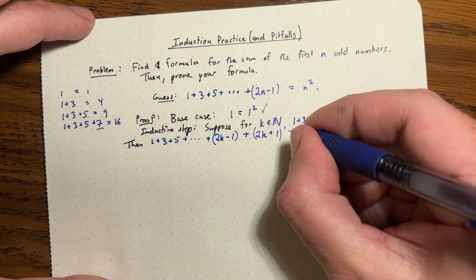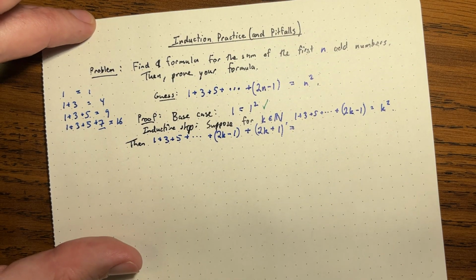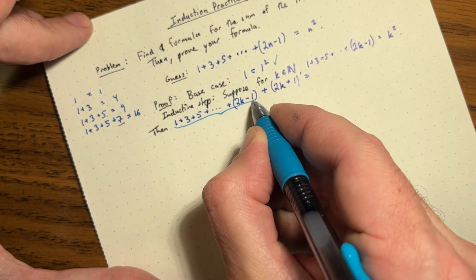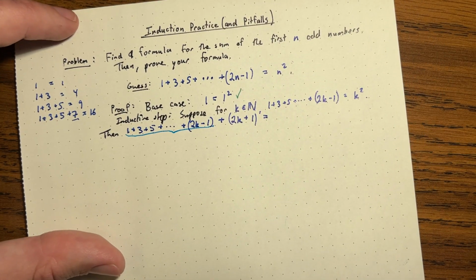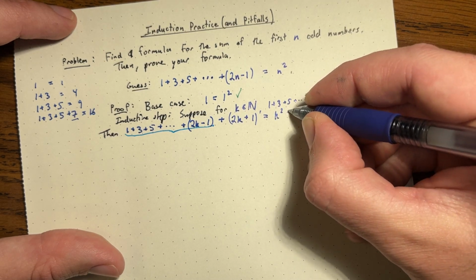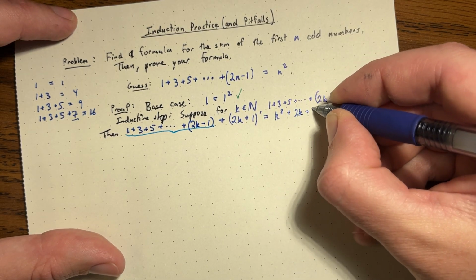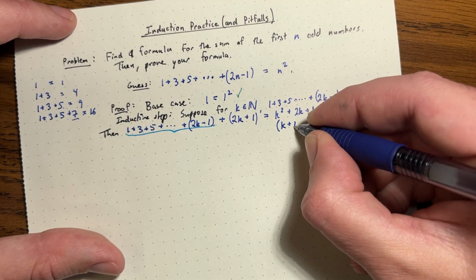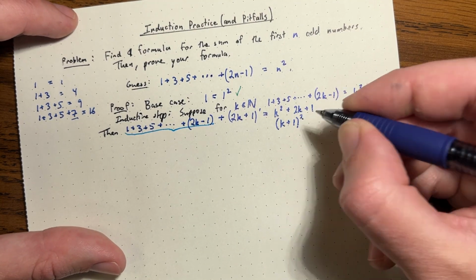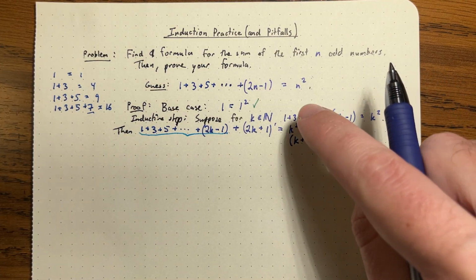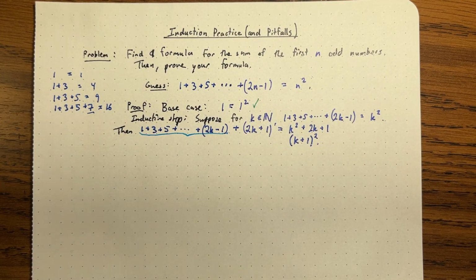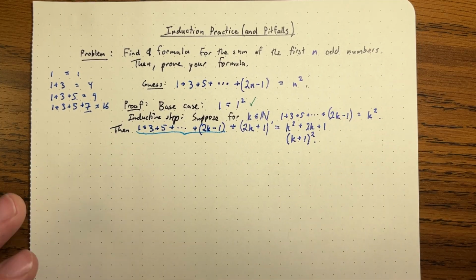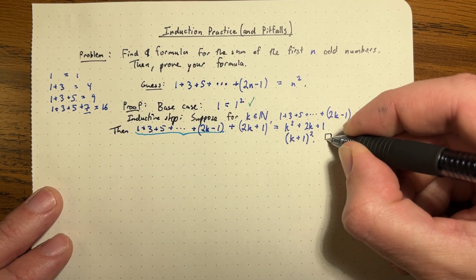And what is this equal to? Well, I'm going to use this fact here, especially since I see the left side just sitting there. That's equal to k squared plus 2k plus 1. But I immediately recognize this as factorable. It's k plus 1 squared, which, incidentally, is exactly what we were trying to prove. We were trying to prove the formula worked for k plus 1, so it should have given me k plus 1 squared. So we're done. That was a quick one, actually.